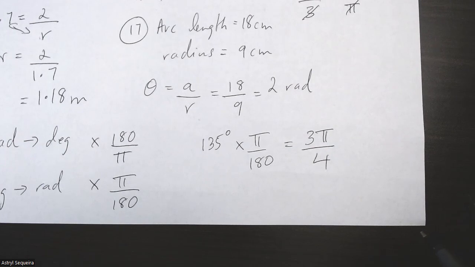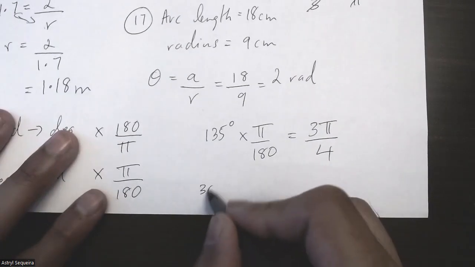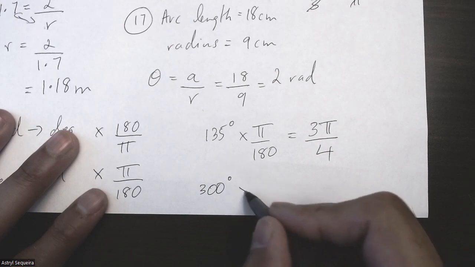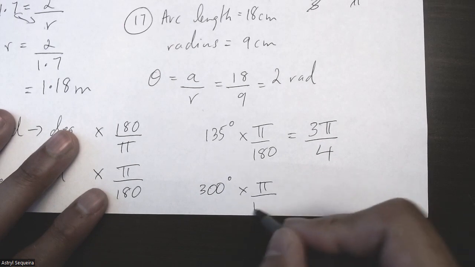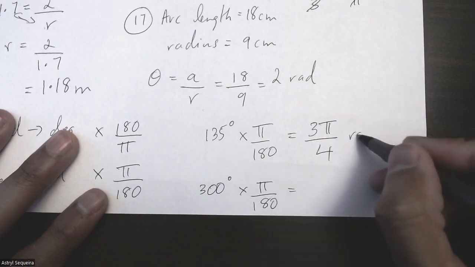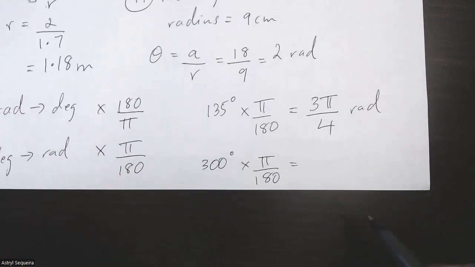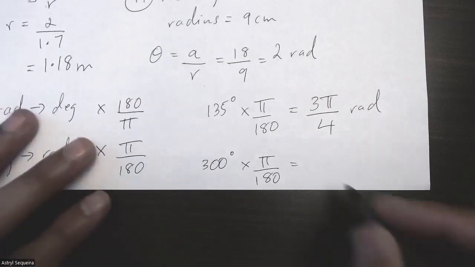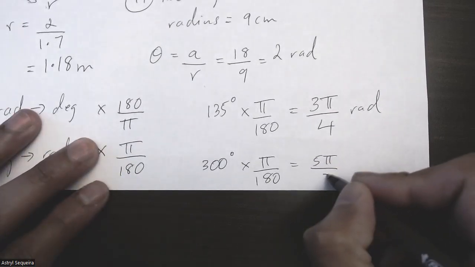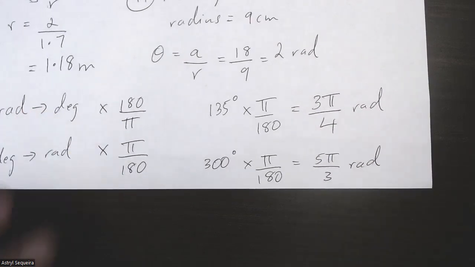And next question over here is 300 degrees times pi over 180. So convert to radians. Again, I'll do this in the calculator. 300 times pi over 180 is 5 pi over 3 radians. So 300 degrees is the same as 5 pi over 3 radians.